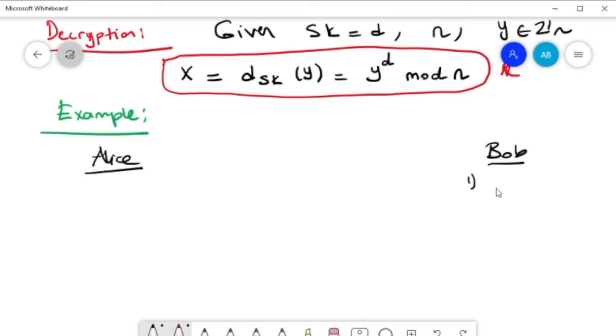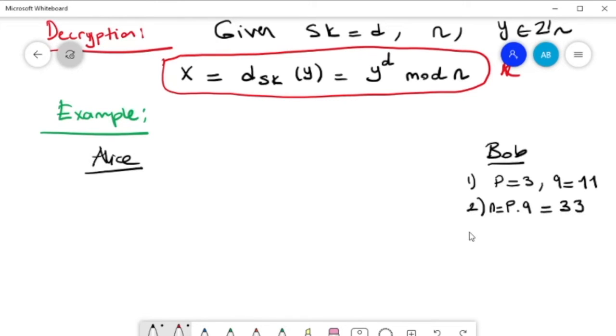And what were the steps? He chooses two prime numbers. Let's say P is 3, Q is 11. And the second, what was it? P times Q, which is N. Let's compute N, which is 33.